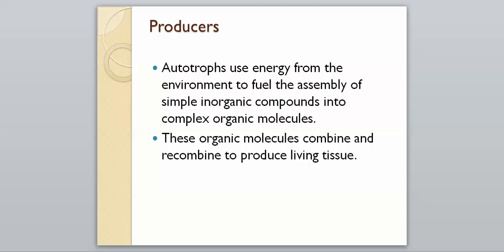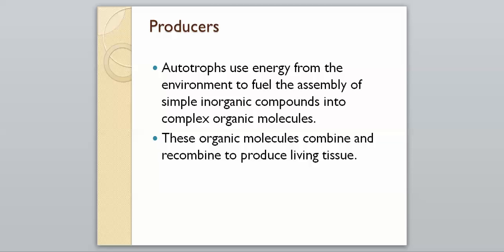Autotrophs use energy from the environment to fuel the assembly of simple inorganic compounds into complex organic molecules. So they take things that really cannot be absorbed as food, like sunlight, which we can't just eat, and they turn that into an organic molecule, which is just food.